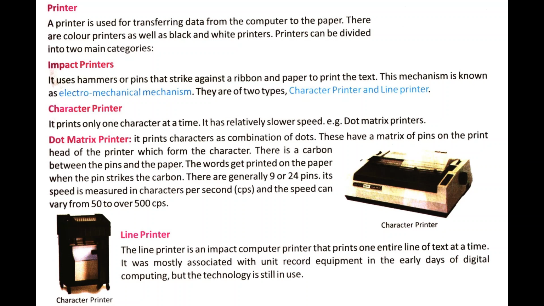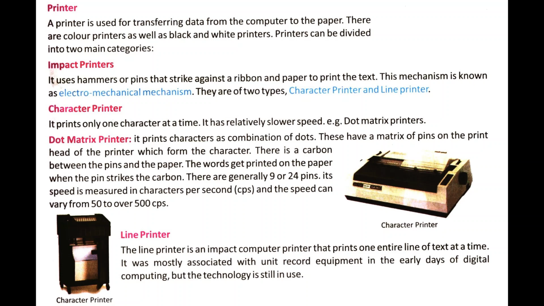There is a carbon ribbon available between the pin and the paper. The word gets printed on the paper when the pin strikes the carbon. There are generally 9 or 24 pins. Its speed is measured in characters per second (CPS) and the speed varies from 50 to over 500 CPS.